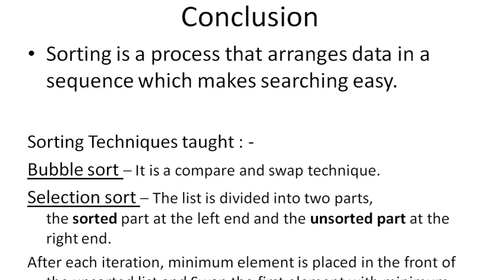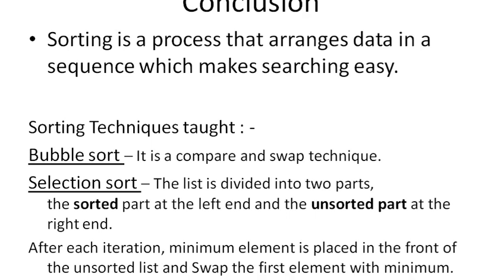We compare the adjacent elements and we swap if they are not in sorted order. Whereas in selection sort, the list gets divided into two parts, the sorted part and the unsorted part. Sorted part is in the left end and the unsorted at the right end. After each round or iteration, the minimum element is placed in front of the unsorted list and the swapping is done with the minimum element.